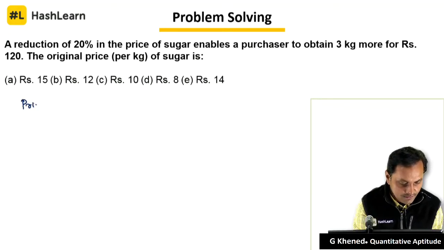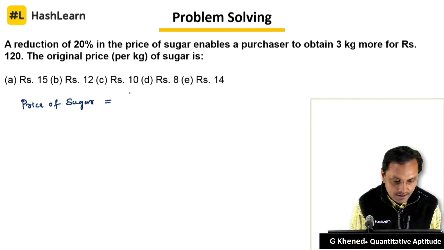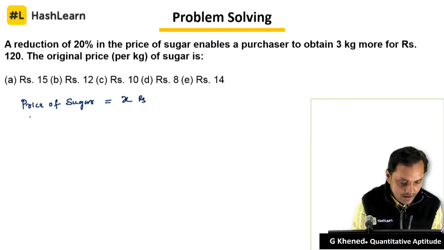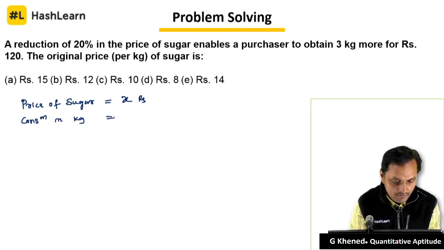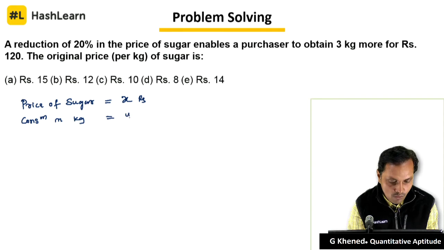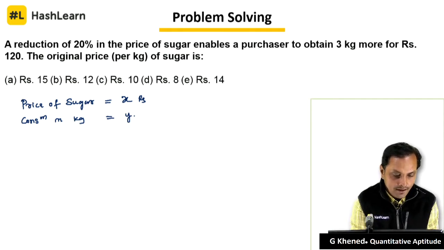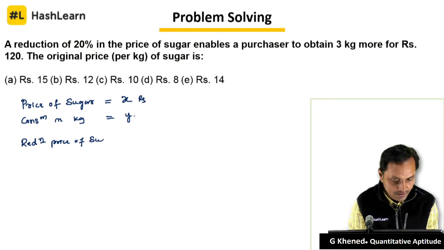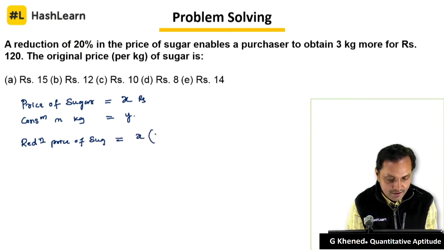The price of sugar, we'll keep it as X rupees, and consumption in kg, we'll keep it as Y. A 20% reduction in price of sugar will be 0.8, or we can write it as 8 by 10.